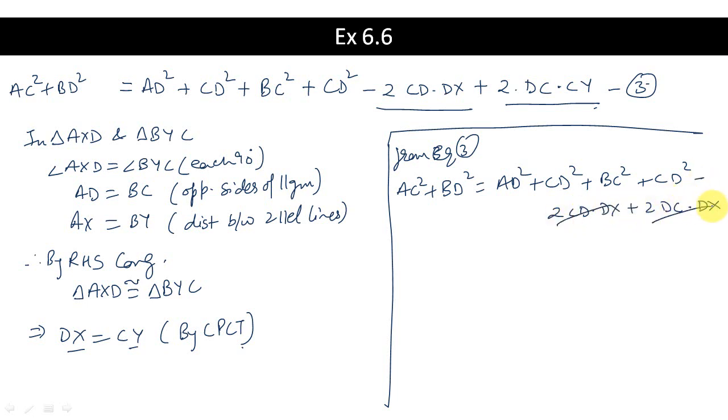So both of them will get cancelled out. So you will be left with AD square plus CD square plus BC square plus CD square.